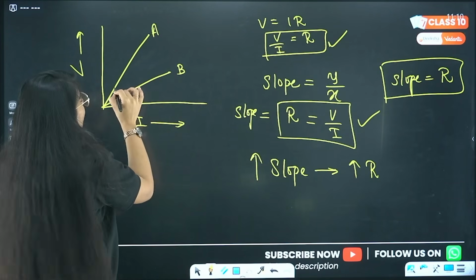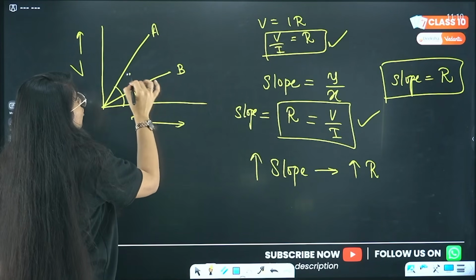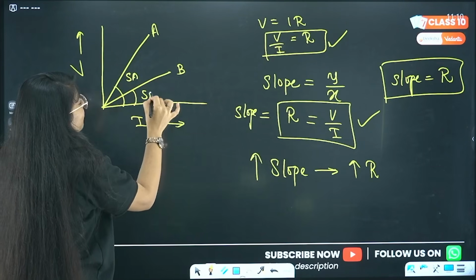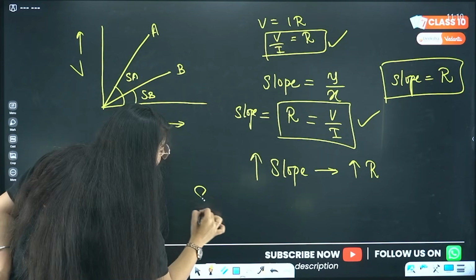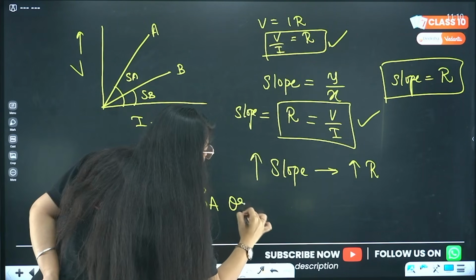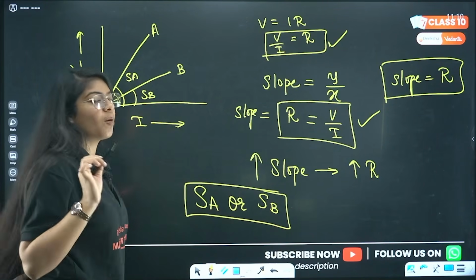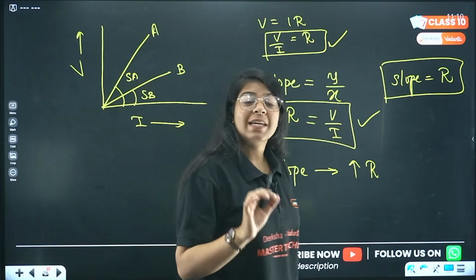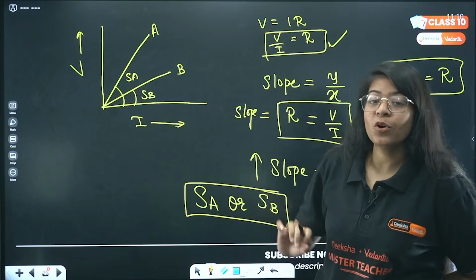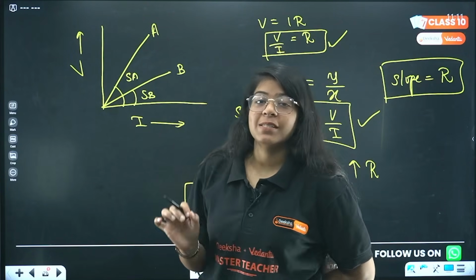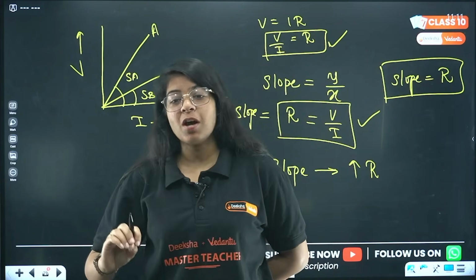So, which of these has more slope? Slope of A is more or slope of B is more? Slope of A or slope of B? You let me know the answer to this in the comment section. Slope of A is more or slope of B is more, and then which of the resistance will be for series, which will be for parallel.